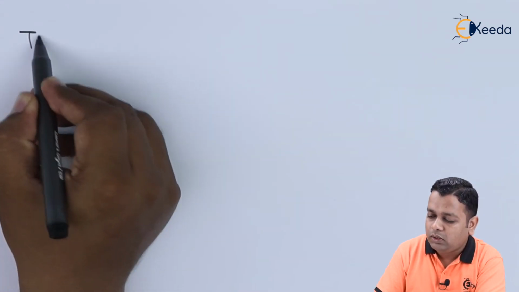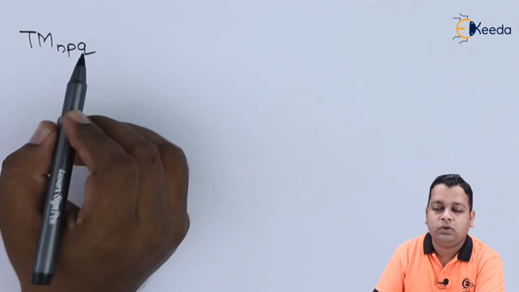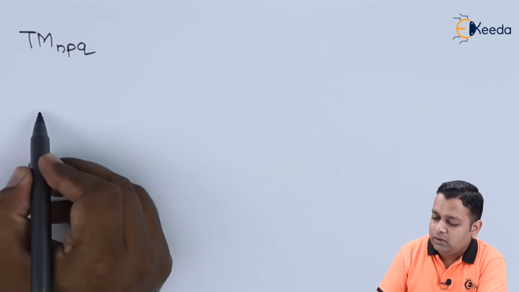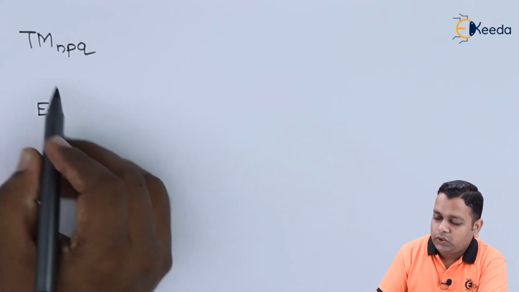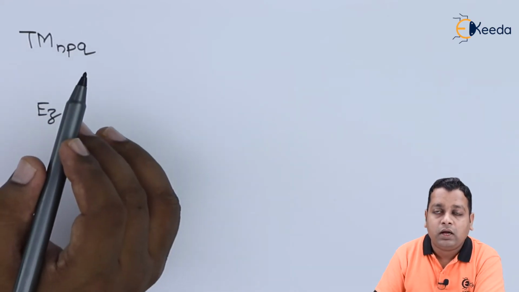So this was the wave function corresponding to the transverse electric mode. When the transverse magnetic mode is represented as TM suffix npq, the wave function will be expressing the Ez component. So for transverse magnetic, the Hz component will be 0 or absent there.